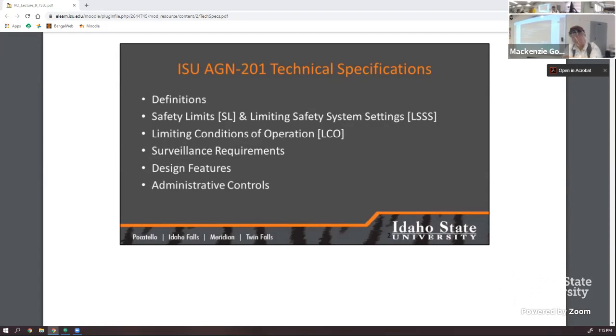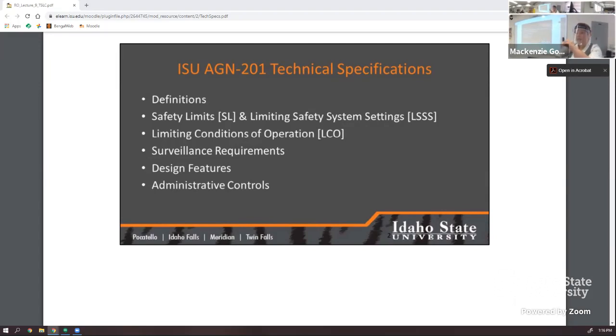And then last is the list of administrative controls. And these are basically all the things that we can't put a system setting or a physical system in place, but we still need to have rules for. The big thing that you really need to understand from the administrative controls is going to be your responsibility for maintaining your license.